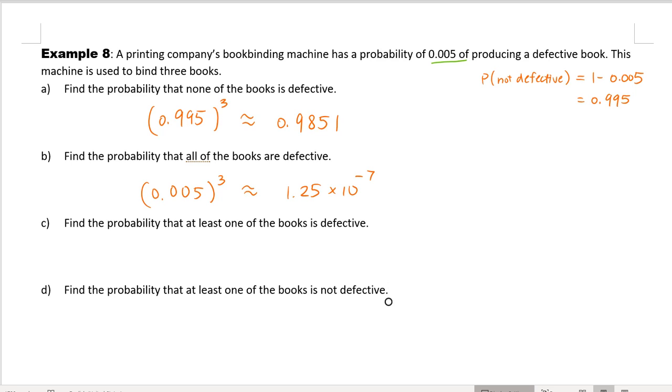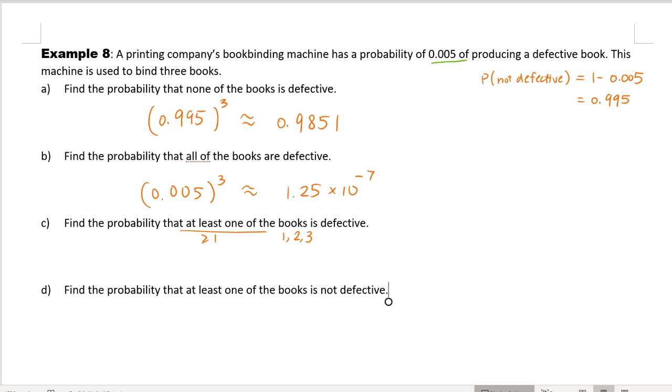Part C, find the probability that at least one of the books is defective. Well, what does that mean? At least one of the books is defective, so at least 1 means greater or equal to 1. So greater or equal to 1 means it could be 1, it could be 2, it could be 3. A lot of cases.